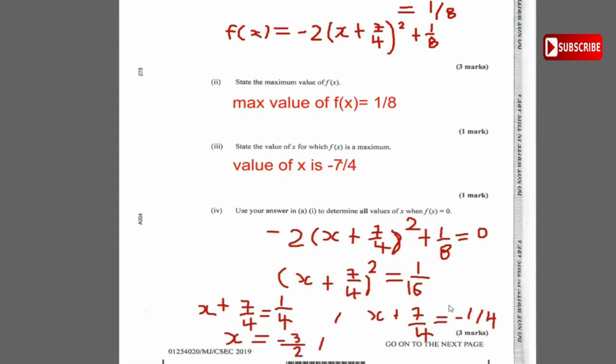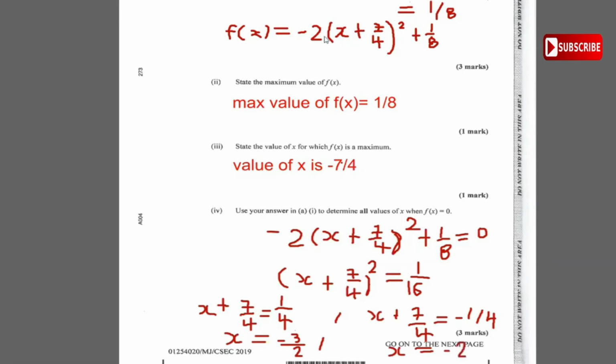And then we can bring over the 7 over 4 over here to get minus a quarter minus 7 over 4. And we're getting minus 2. So X equals negative 3 over 2 or X equals negative 2. Those are the two answers.